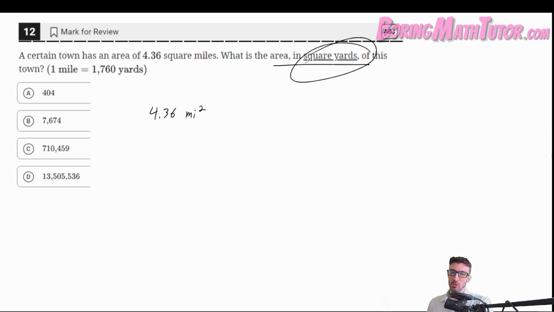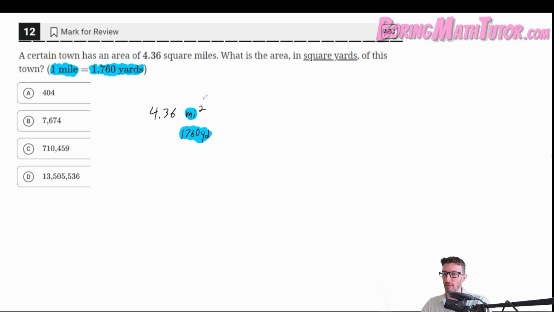All right, this one is telling us that we have an area in square miles, but they want us to change that to square yards. They're being kind of nice here, telling us that 1 mile is the same thing as 1760 yards. So I'm going to swap out that 1 mile for 1760 yards, but I still have the square right there, so I need to square this whole thing.